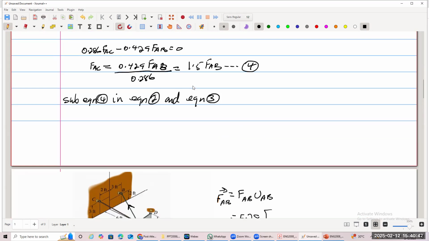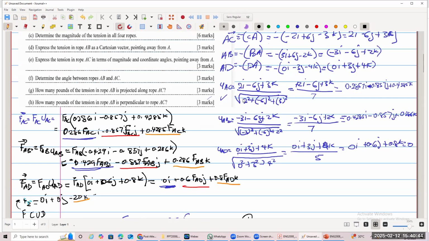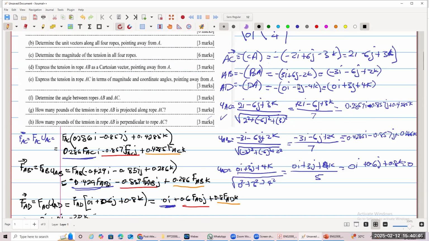We found the unit vector way up there. Minus 0.429. See it right here. So that is the unit vector that we need, and we're going to multiply it by that quantity.